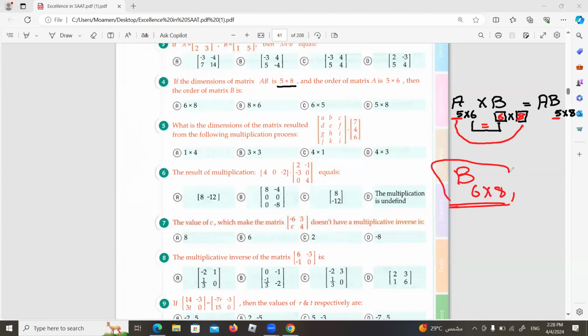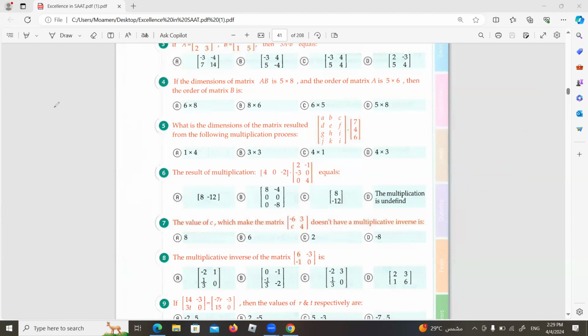So the order of the matrix B will be 6 times 8. Of course, the order is very important. If you write 8 times 6, it's wrong. Okay, so it's a very easy problem. We don't need to calculate or perform the operation. We just need to compare the number of rows and the number of columns and deduce the correct relation.